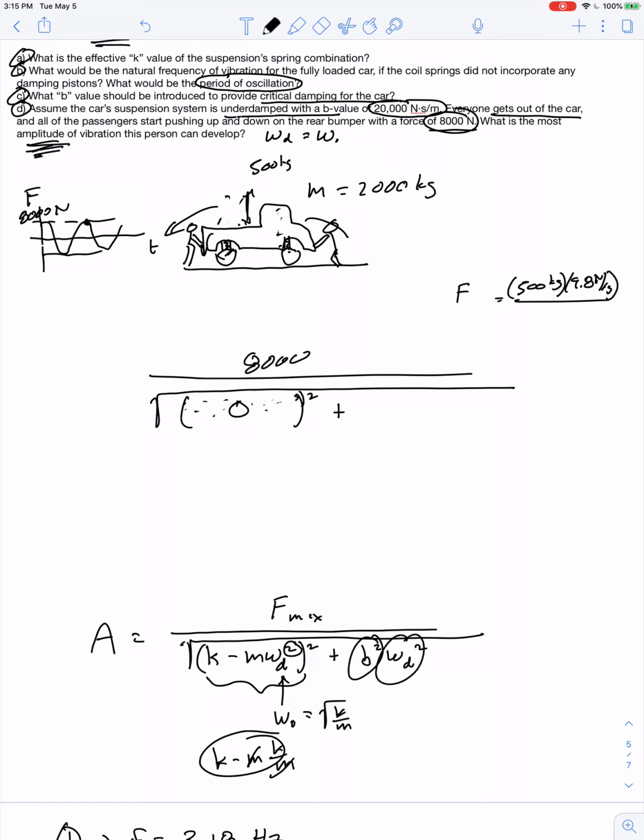So this is, what was the value of b? Underdamped, 20,000. So b is 20,000, that squared, and then we have to multiply it times omega driven squared.